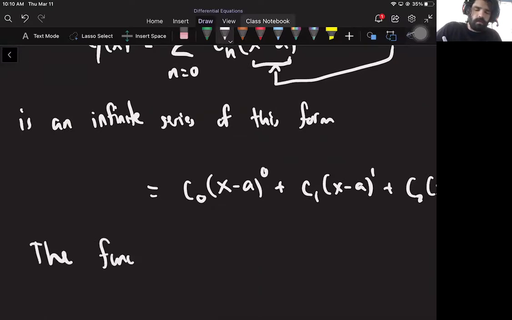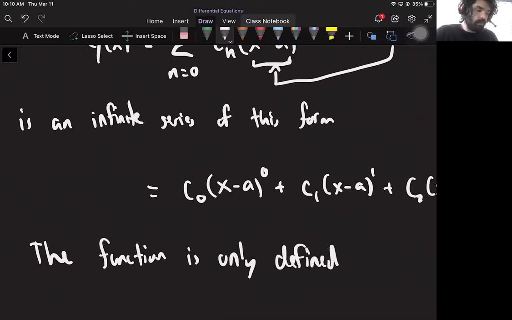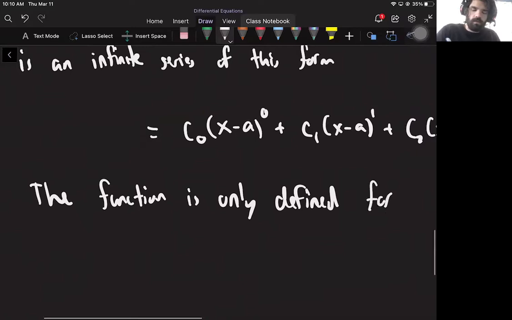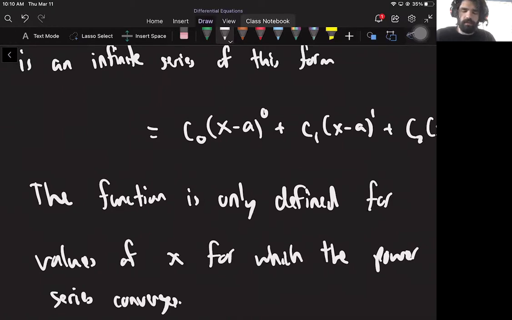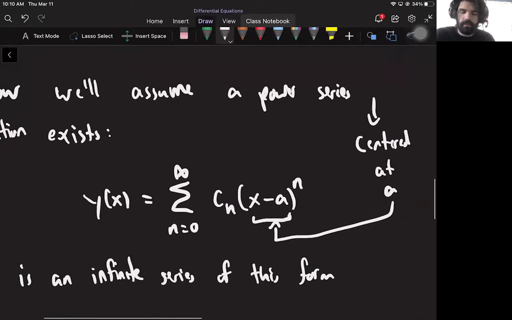So the function is only defined for values of x for which the power series converges. So the idea is if you plug in like 20, it might be too far away.